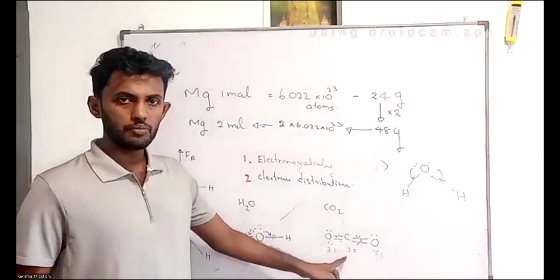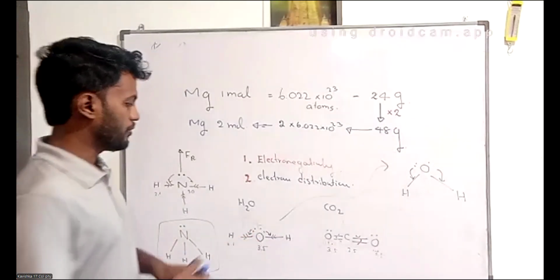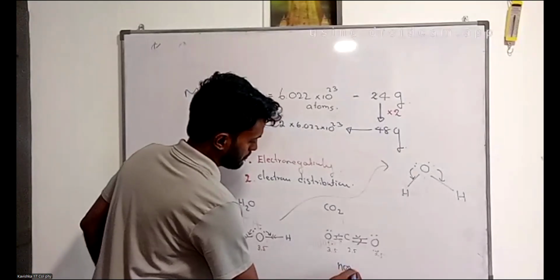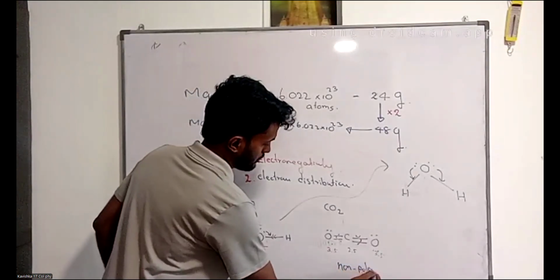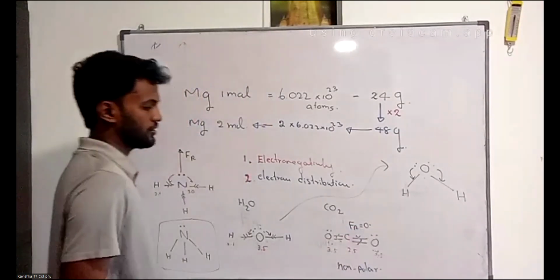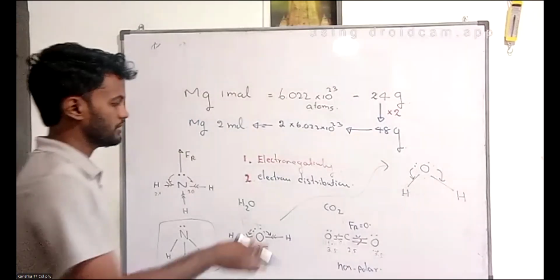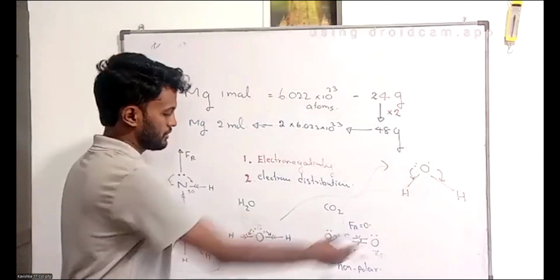Is carbon dioxide a polar one or a non-polar one? It's a non-polar one, because there is no resultant force. It is zero, since both sides have equal oxygen. But here, this is a polar one. Why?